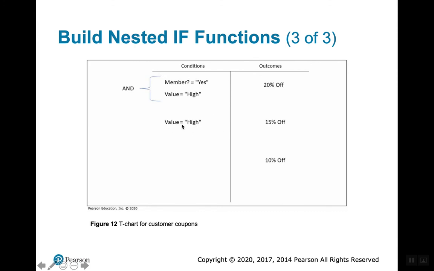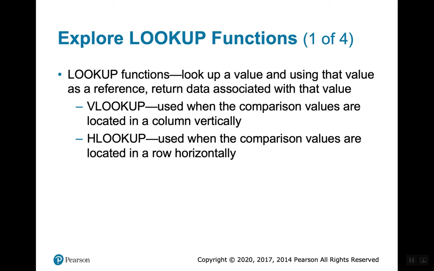Otherwise, if the value is high, you get 15% off, and if it's not those two cases, then you only get 10% off. All right, so how we construct this logic is we execute the first test, look at the results, execute the second test, look at the results, and then if it's not that, it has to be the third.